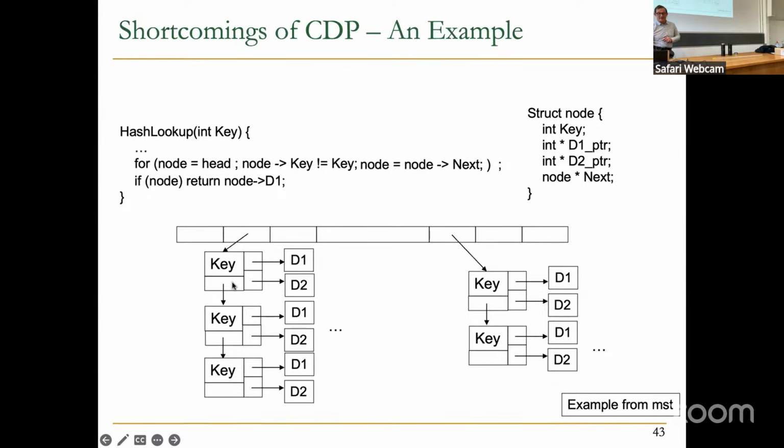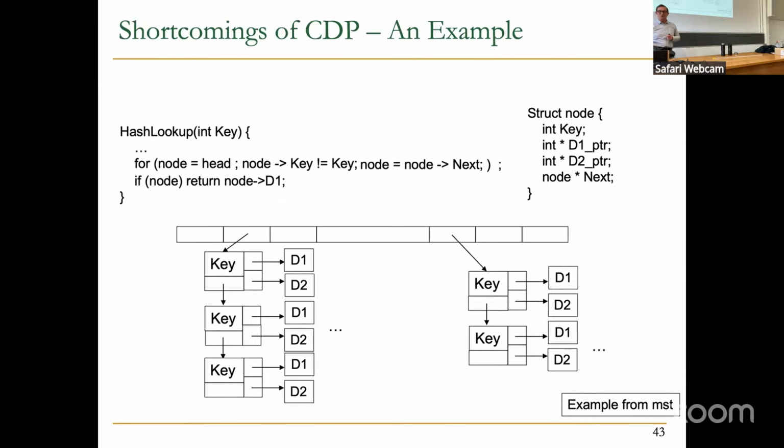Okay, D1 is less likely to be used than key because you're going to use D1 and return that pointer, that data value associated with that pointer, only if the key matches. First of all, key may never match, so you do a linked list traversal of a 1,000-entry linked list, which means that D1 is not going to be even used once.